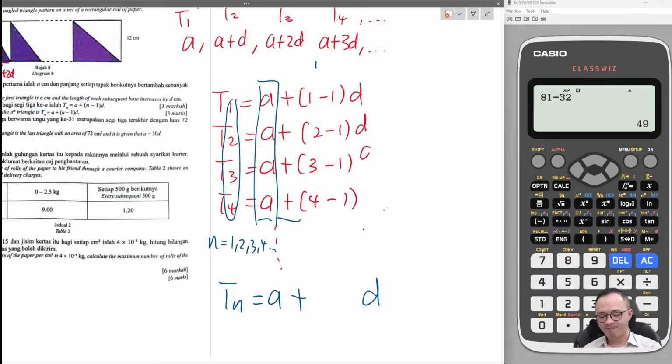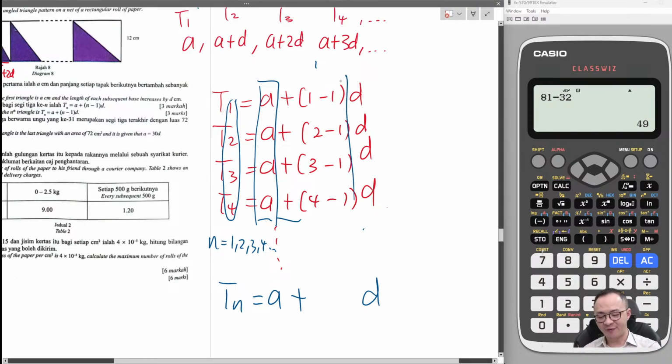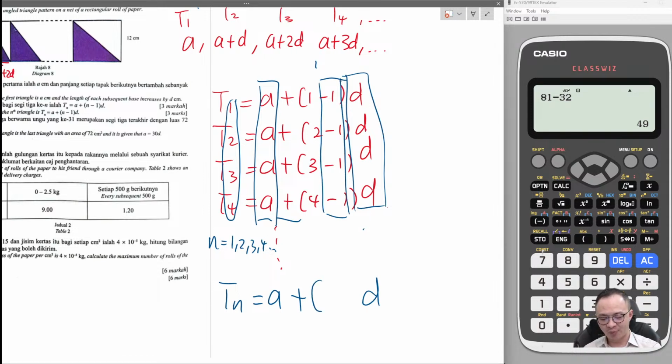D. So, if you see carefully, D is still there, so you copy. And then minus 1 is also a constant, right? It doesn't change. So bracket minus 1. Then this number right now follows the n. Do you see they follow the n? 1, 2, 3, 4. So this is n. Minus 1. Okay? So this is how you get a formula derived.